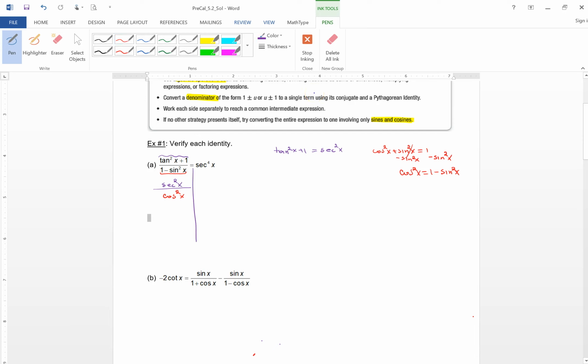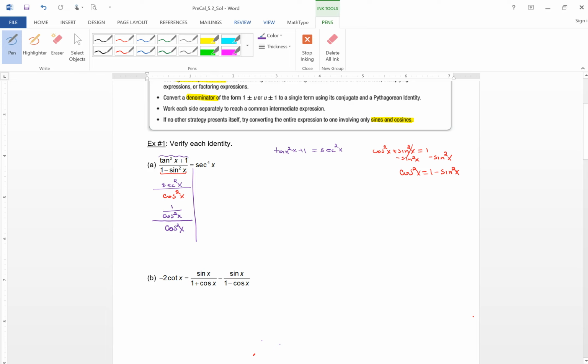Now, what I have on top is secant squared x, which is 1 over cosine squared x. The denominator is cosine squared x.